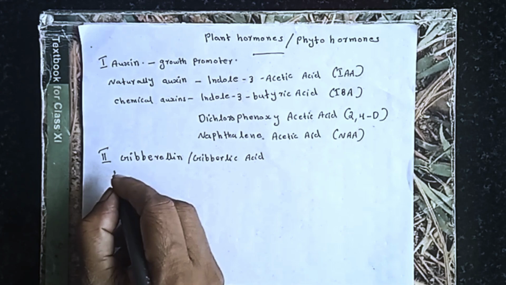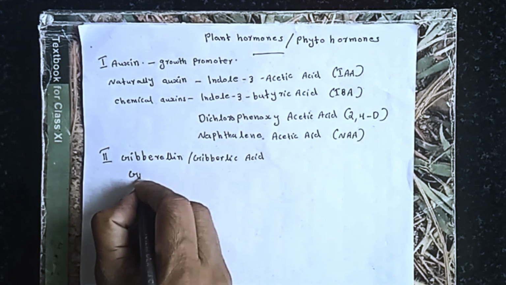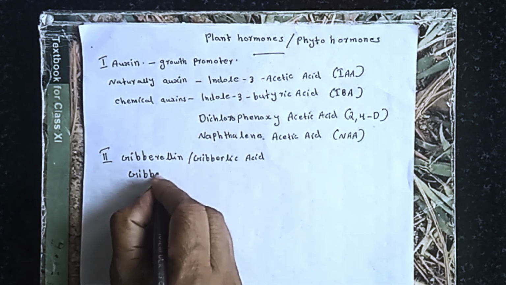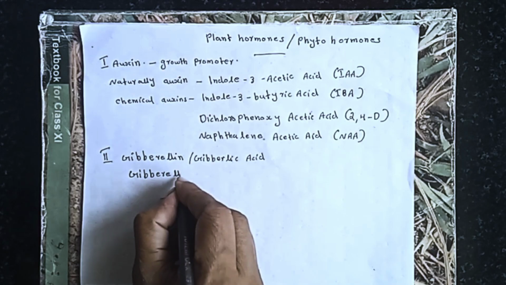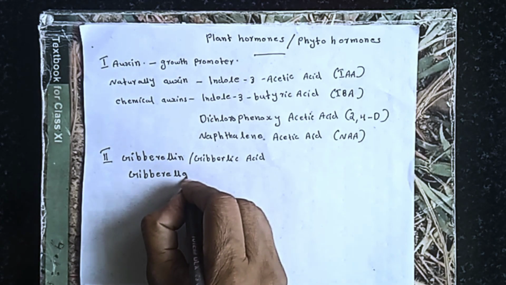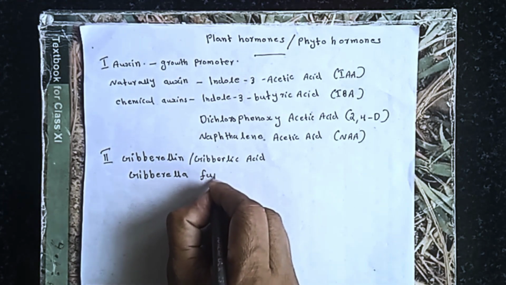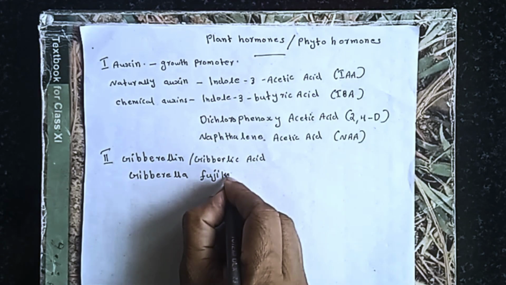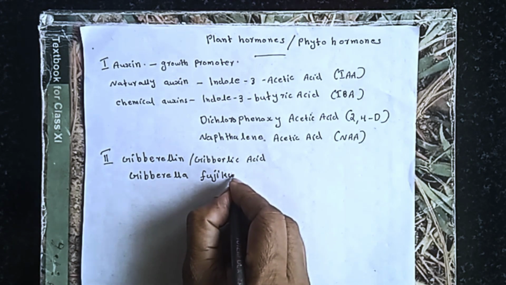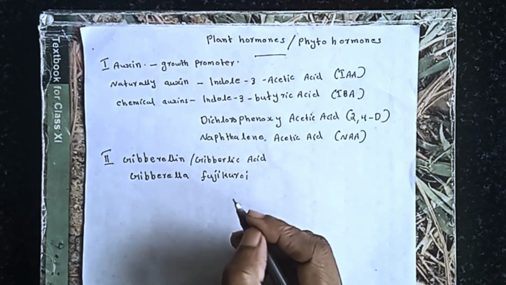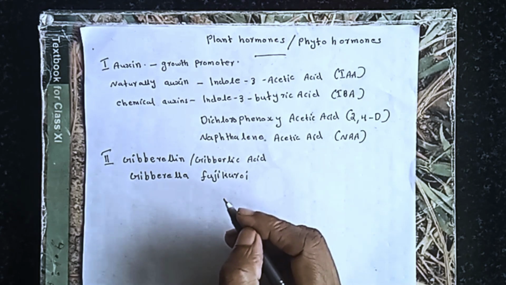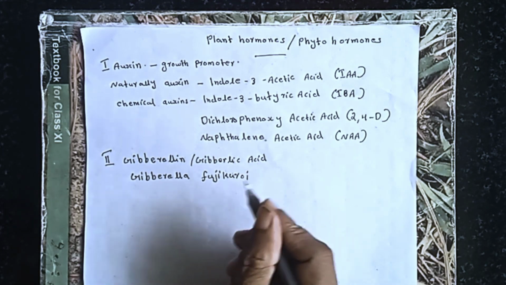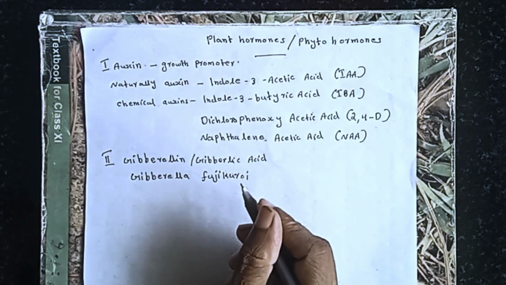It is extracted from a fungus. In plants, the gibberellin is produced in embryos, roots and young leaves, and it enhances growth.